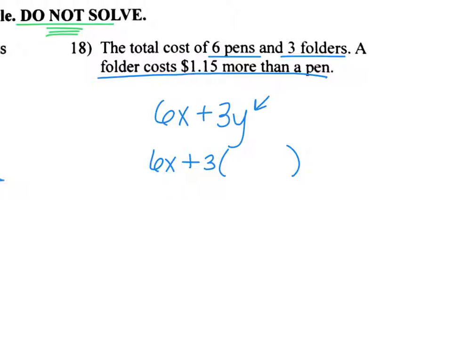I know a folder costs $1.15 more. That means I'm going to be adding. So a folder is the cost of a pen plus $1.15. So this expression is going to be 6 pens and 3 folders. The other thing we have to do is define our variable, and X, that was what we stuck with first. So remember, X stands for the cost of 1 pen.